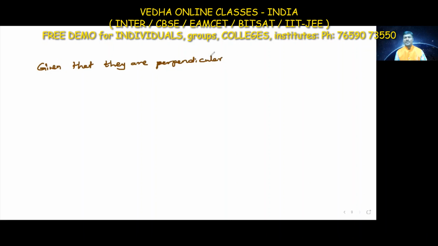If they are perpendicular, what is the formula here? Coefficient of x square plus coefficient of y square is equal to 0. What is the x square coefficient?